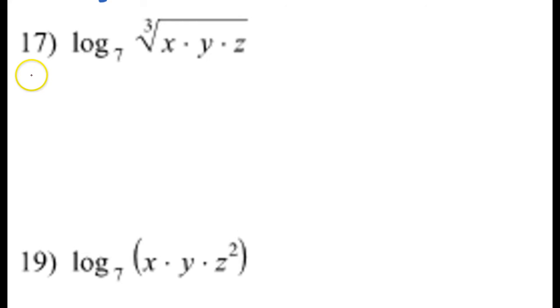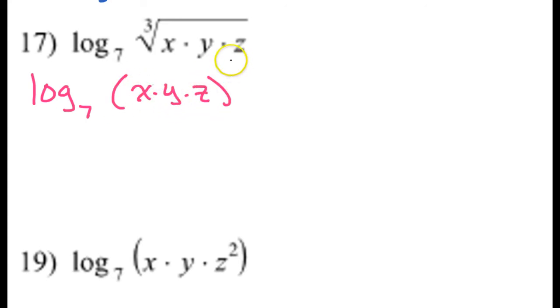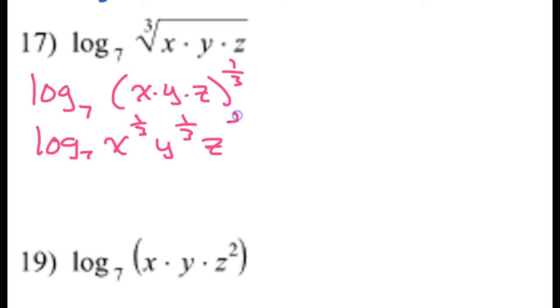For number 17, you first must recognize that the cube root is the same thing as the 1/3 power. So this is the same thing as x times y times z to the 1/3 power. And that is the same as having log base 7 of x to the 1/3 power, y to the 1/3 power, z to the 1/3 power.